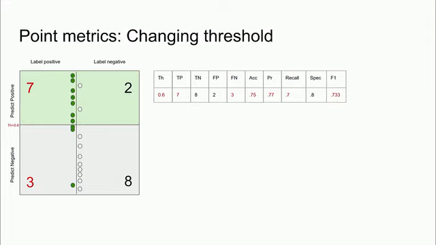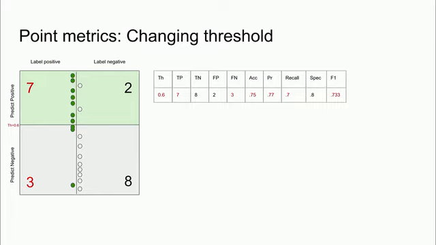One thing to note is that there's only a certain number of effective thresholds. What I mean by that is, if you move the threshold up from 0.6 to 0.601 or something like that, you wouldn't actually change any of these point metrics. They're still making the same overall classification. Though the threshold is technically different, none of your point metrics really change.